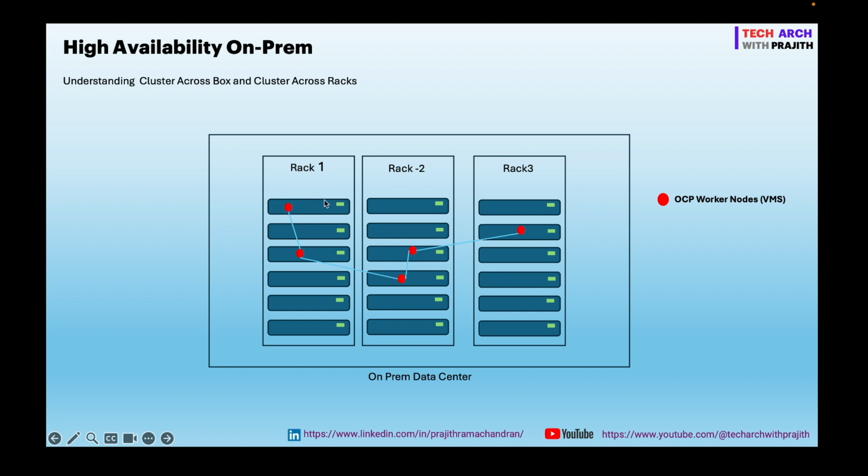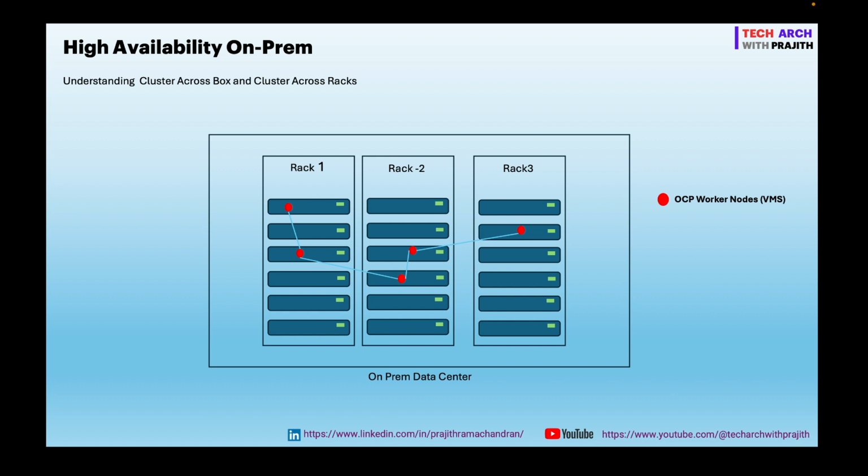Instead, you need to make sure they are distributed across the boxes. Like in this example, I have worker node 1 in server 1, worker node 2 in server 3, and worker node 4 in rack 2 server 4, right? Similarly, you need to make sure the distribution happens.